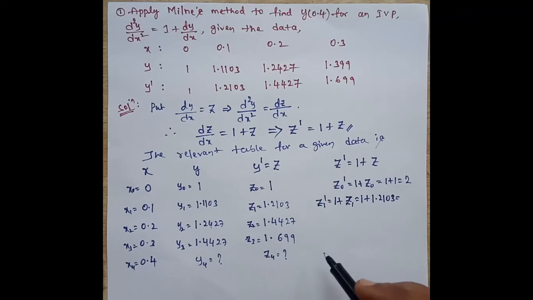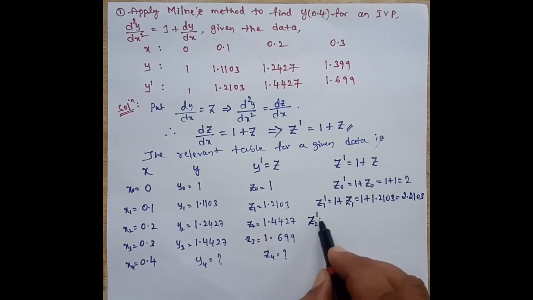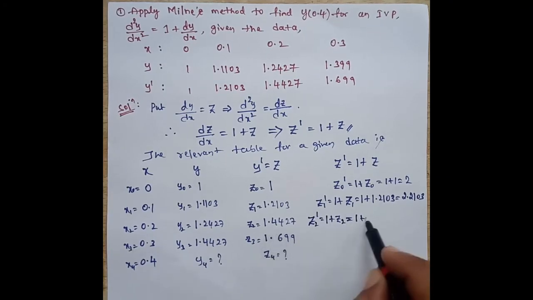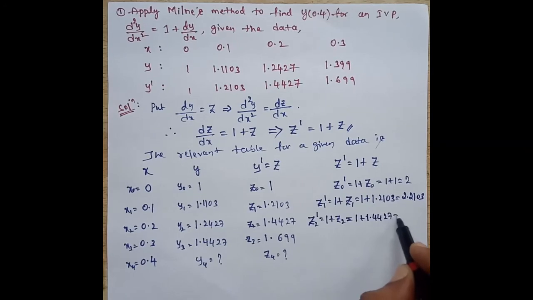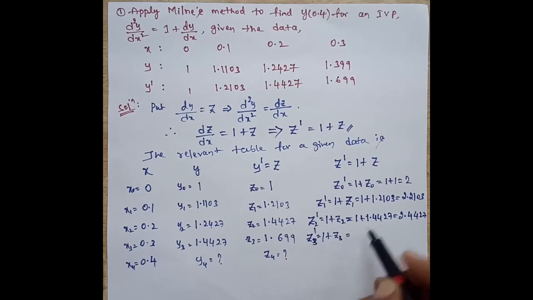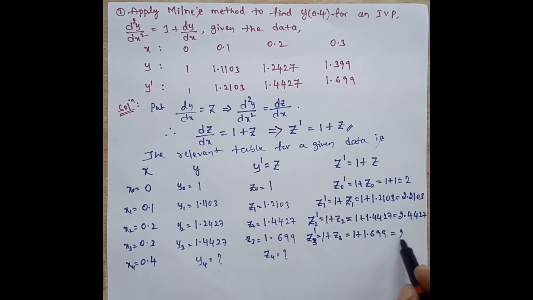So this gives 2.2103. Similarly the next is z2 dash, which is 1 plus z2, 1 plus 1.4427, giving 2.4427. And finally z3 dash, which is 1 plus z3. I'm just using this relation: 1 plus 1.699 gives 2.699, and z4 dash is also unknown.